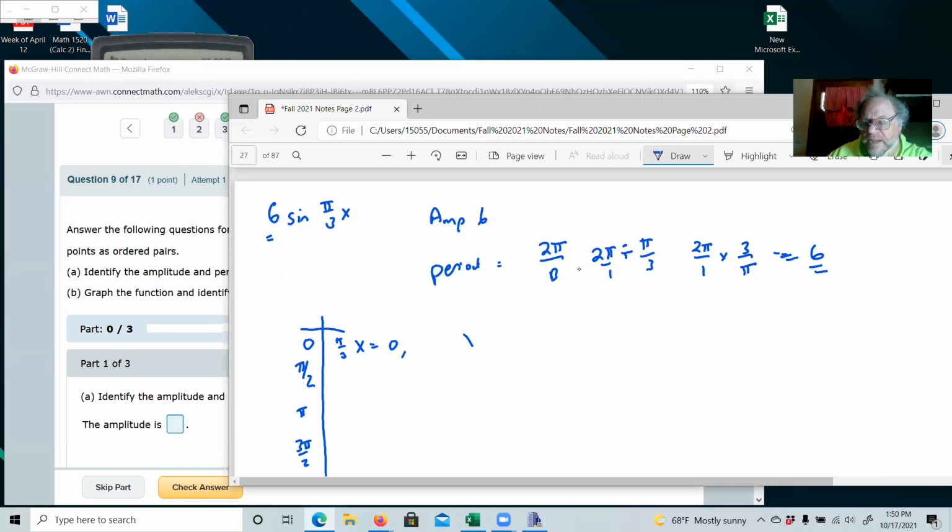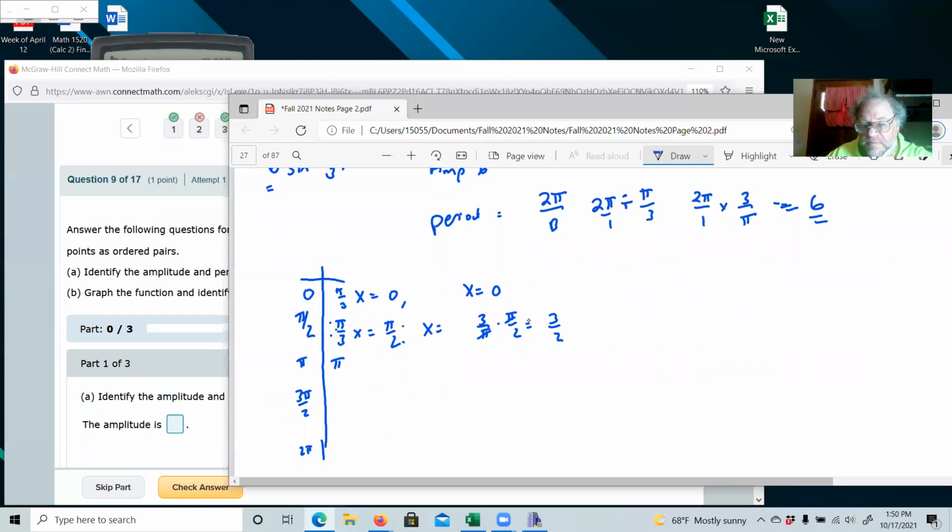Solve for x, x equals 0. We have pi over 3 x equals pi over 2. X is equal to 3 over pi times pi over 2. We just invert, so we invert and multiply. So this is going to be 3 over 2.